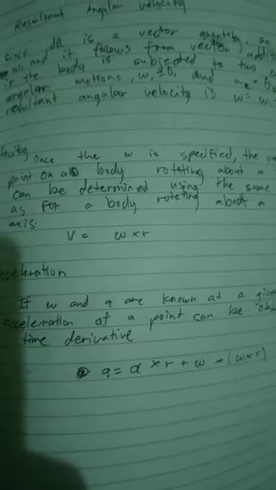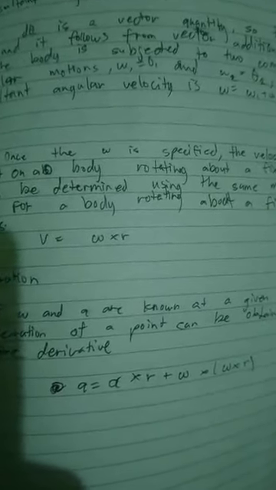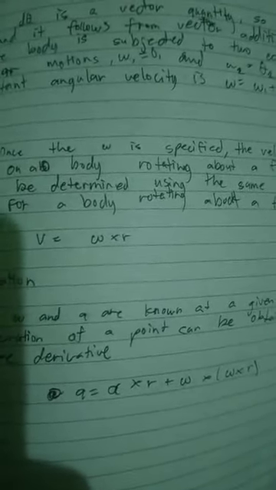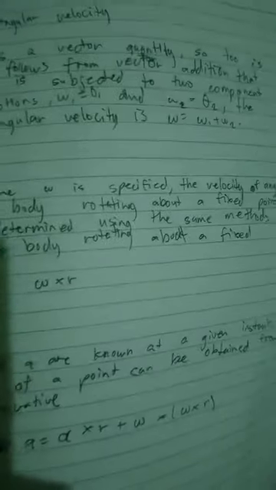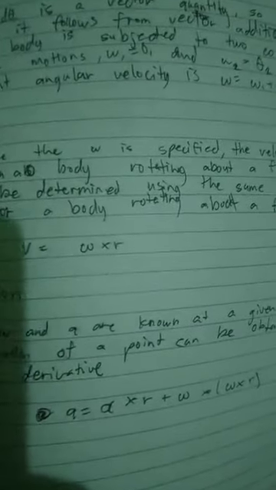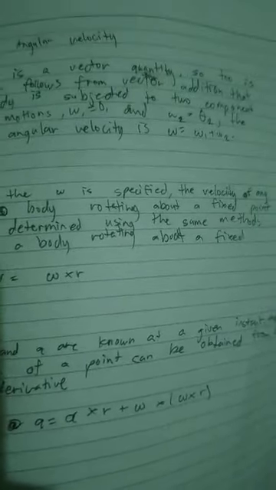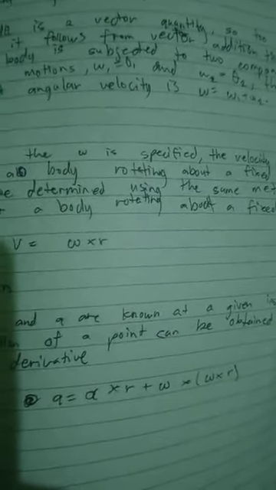Since d theta is a vector quantity, so too is omega, and it follows from vector addition that if the body is subjected to two component angular motions, omega sub 1 equals theta sub 1 dot and omega sub 2 equals theta sub 2 dot, the resultant angular velocity is omega equals omega sub 1 plus omega sub 2.